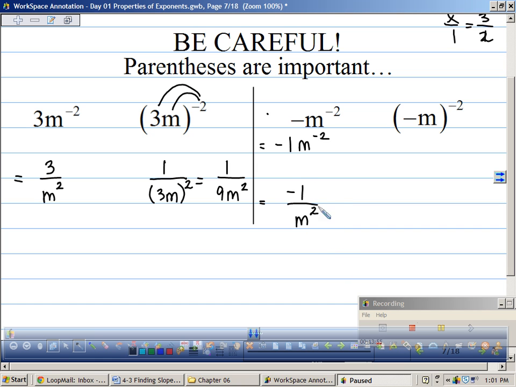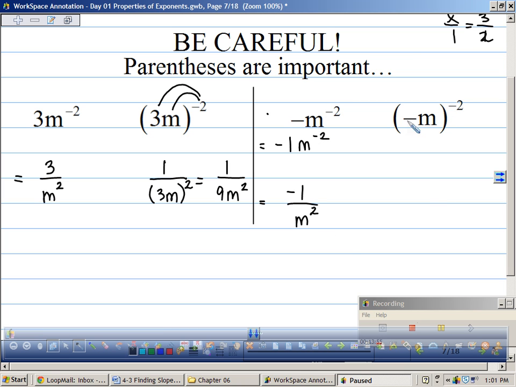And this is where second period lost it. They said, but you're squaring the negative. It's got to be positive. And I said, no, I'm not squaring the negative. I'm only squaring the m.